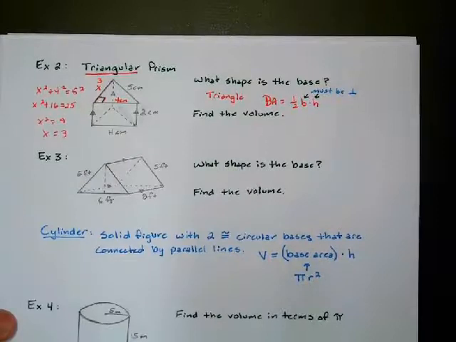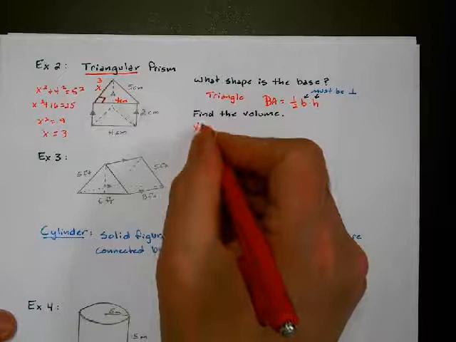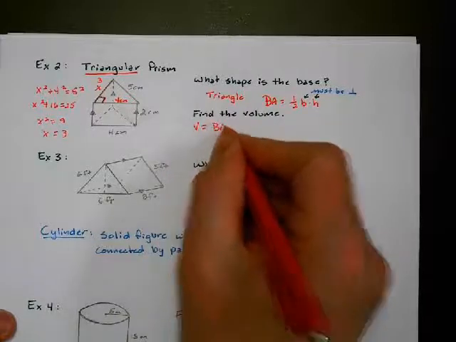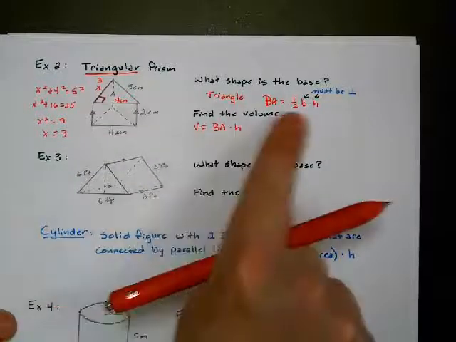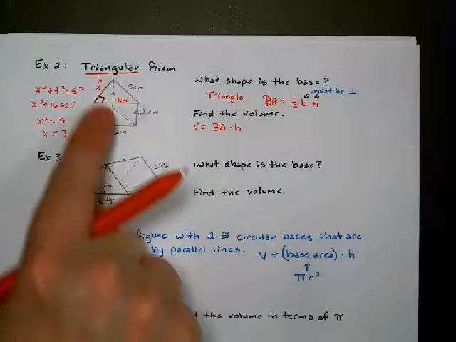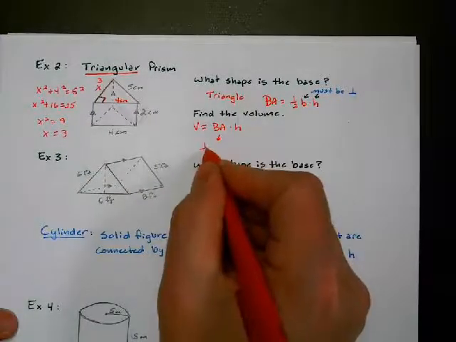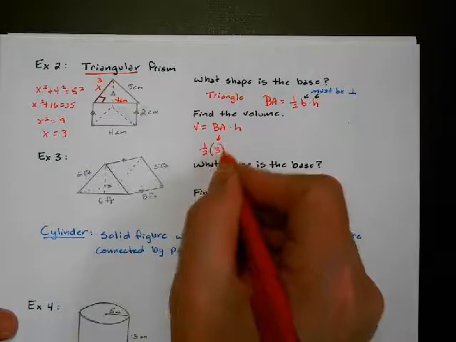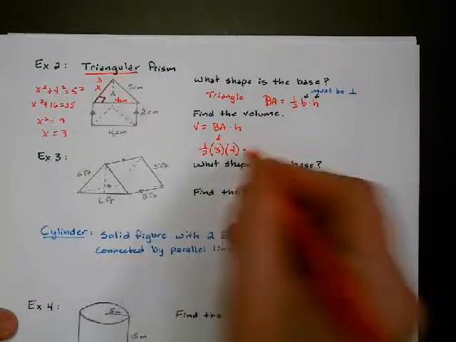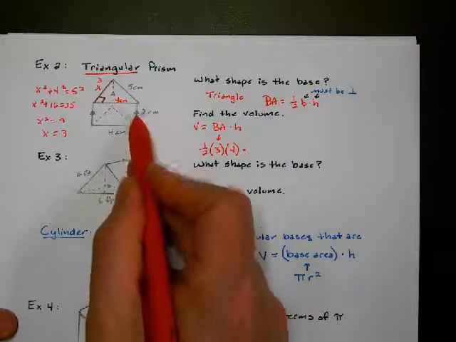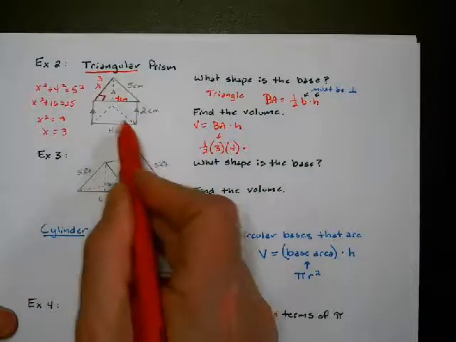So now that I'm ready to find my volume, volume is always the base area times the height of the prism. So my base area has to be 1/2 base times height: 1/2 times 3 times 4. And then the height of the prism is this part over here. These are the parallel lines that are connecting the other triangle that's the same as this triangle on top.